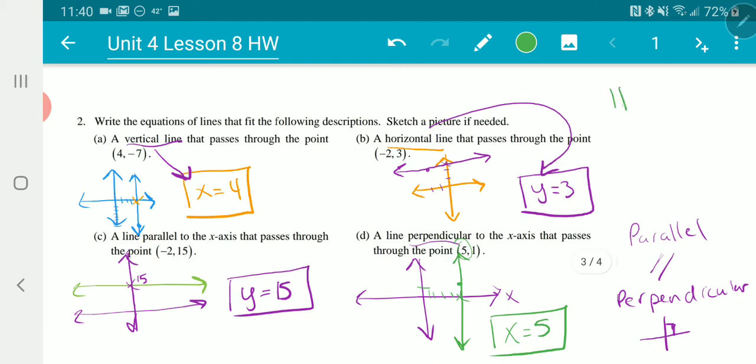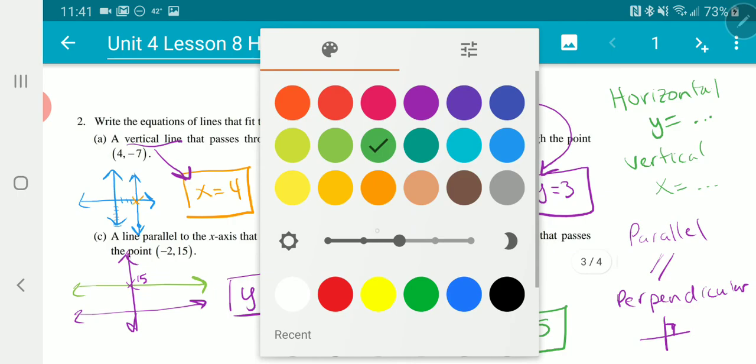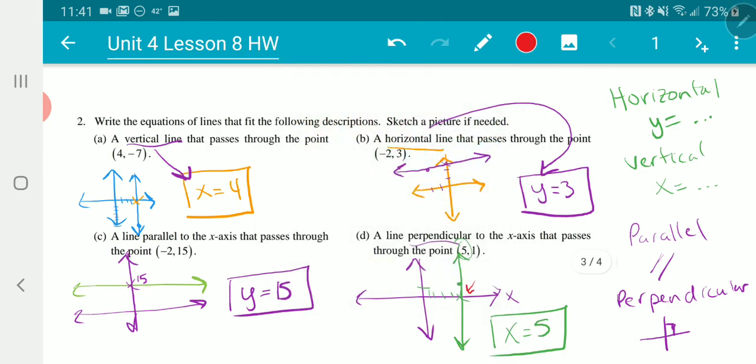Like we said, horizontal is going to be y equals, and vertical is going to be x equals. But again, if you just look and see which axis it crosses through, here I cross through my x-axis at x is 5. That's all you got to look for.